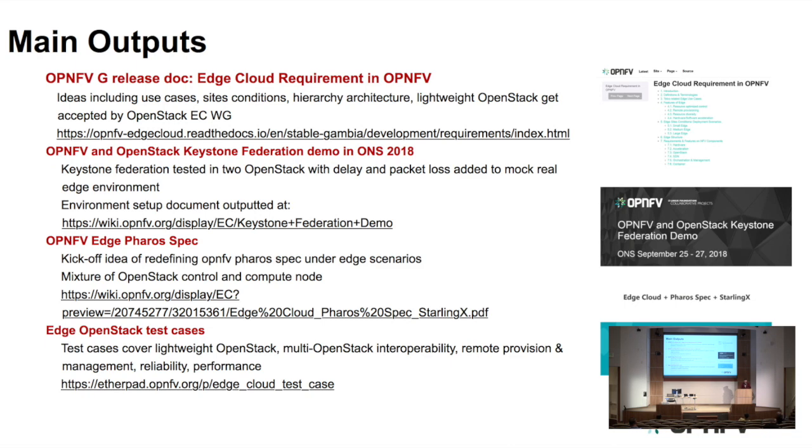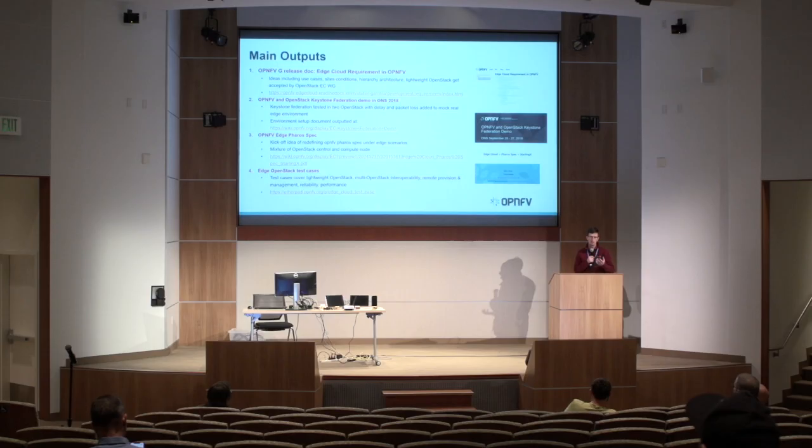And then there was this collaboration with the Keystone project in OpenStack, and we did a joint demo at ONS in Europe at the end of 2018, and that looked at two OpenStack deployments.